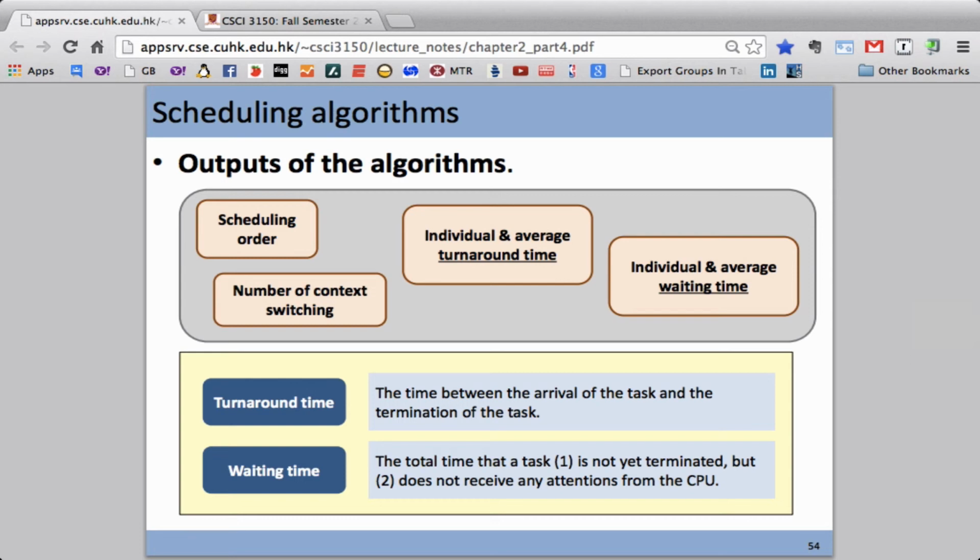So the time that you are in the unhappy state is the waiting time. The time that you are in a happy state is the time that you enjoy the CPU resource, which is not shown here. So basically, turnaround time is the waiting time plus the time that you are being served.